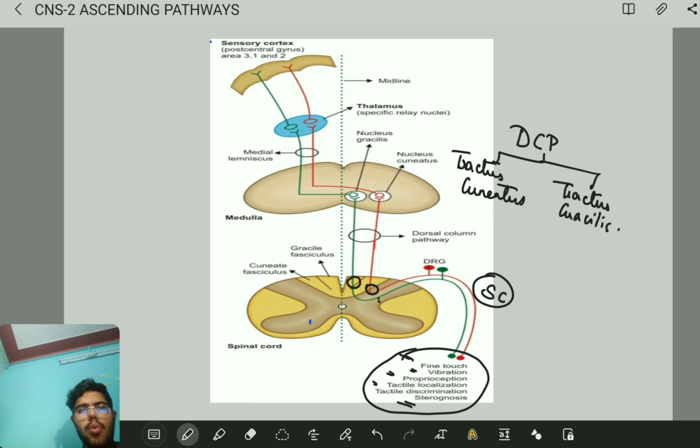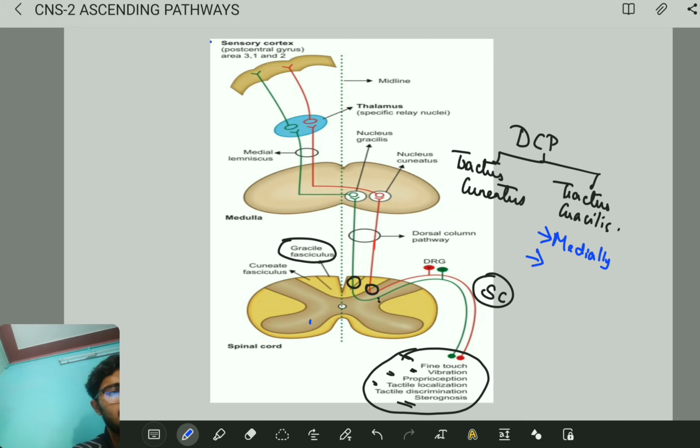So what you want to know is that this gracile fasciculus, is it medial to spinal cord or lateral? It is medial, right? So it is located medially, first point. And of course your tractus cuneatus will be placed laterally, right?